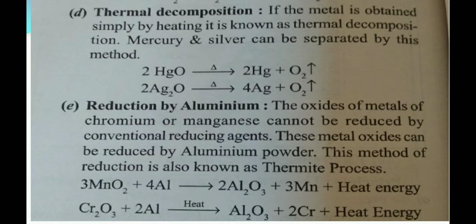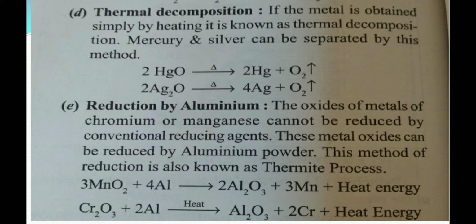Reduction by aluminium. The oxides of metals like chromium or manganese cannot be reduced by conventional reducing agents. These metal oxides can be reduced by aluminum powder. This method of reduction is also known as the thermite process.